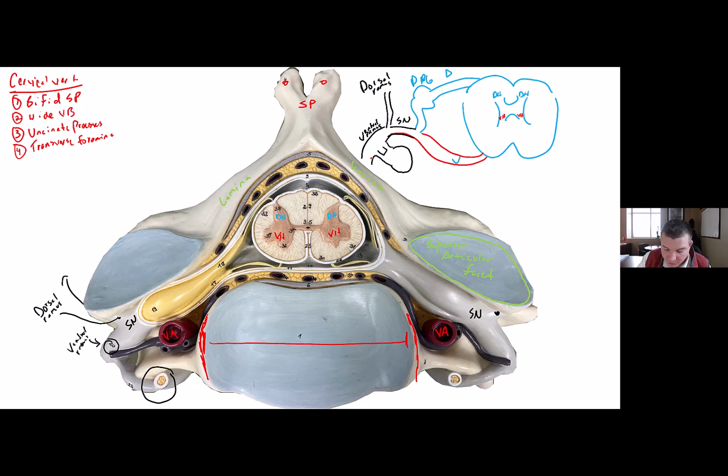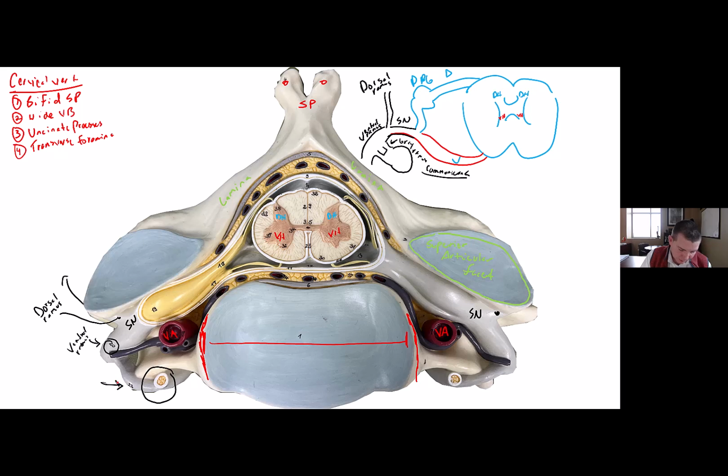Now this section only has one ramus, a communicating ramus, a gray ramus communicans, because it's cervical. So I can see the gray ramus communicans right there.